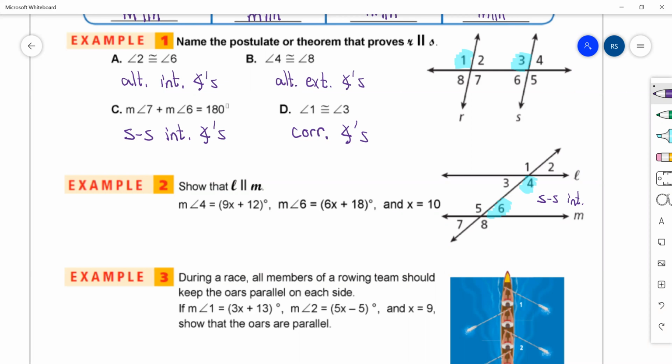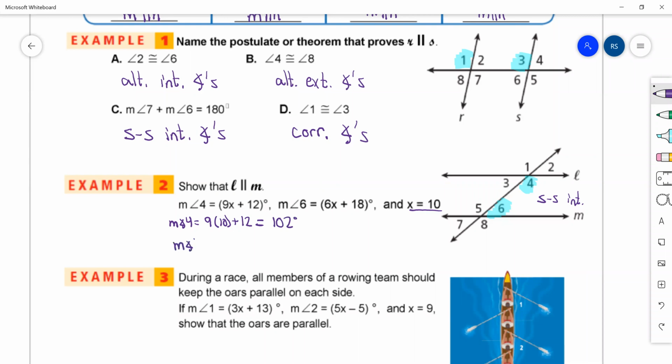So let's see if we plug in 10 to each of these. Let's see what they get. So measure of angle 4 equals 9 times 10 plus 12. What's that give us? 102 degrees.